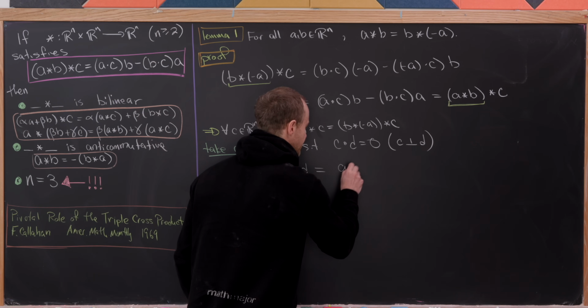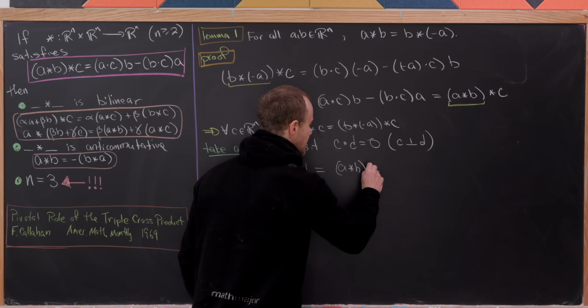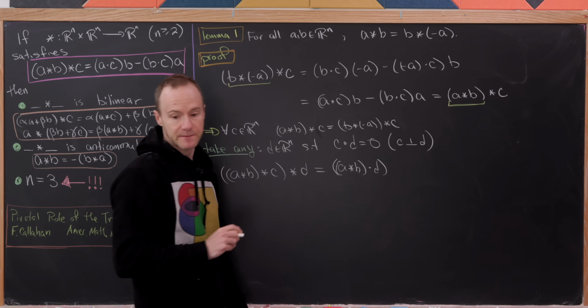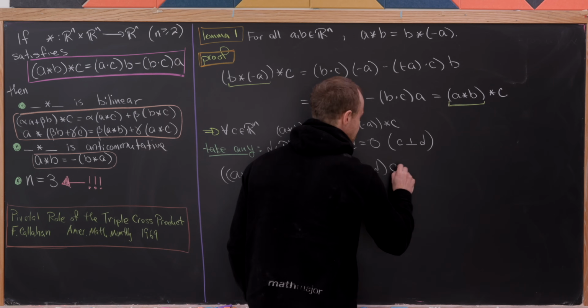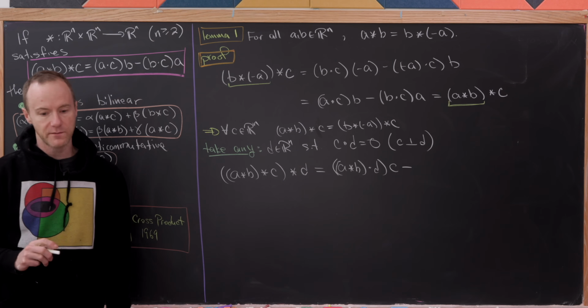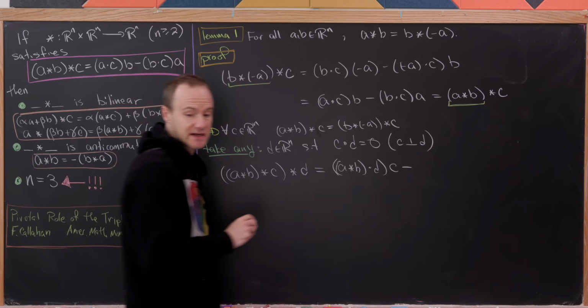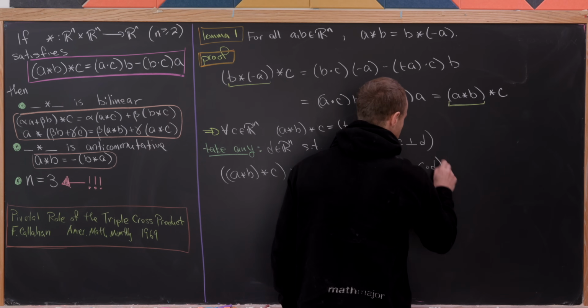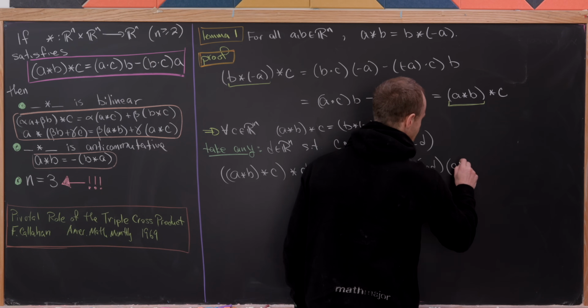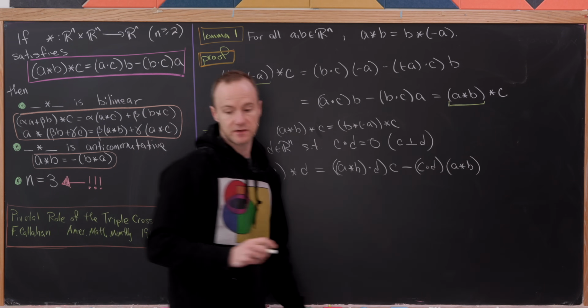So this is going to give us A star B dotted with D, and that's occurring in the C direction. And then from that, we need to subtract C star D, and that's occurring in the A star B direction.